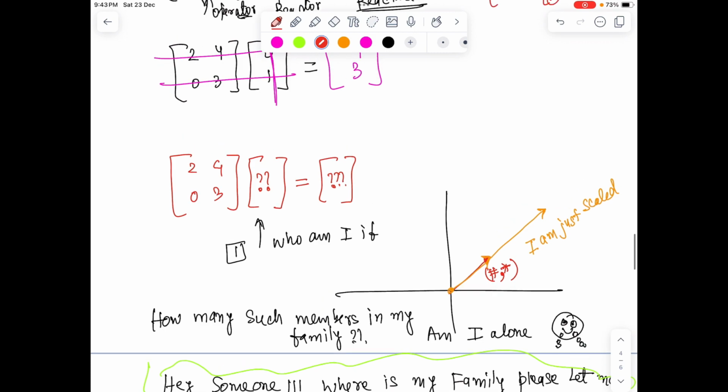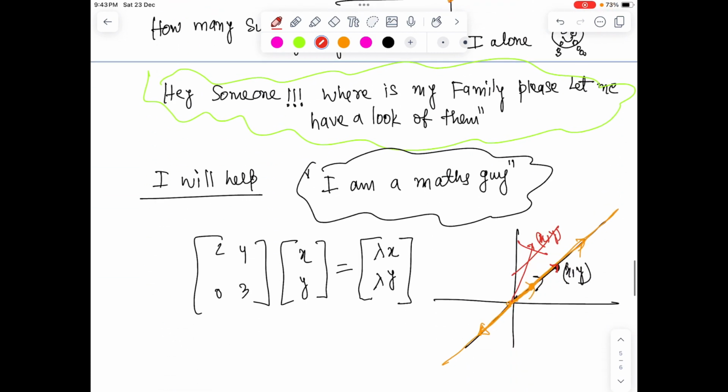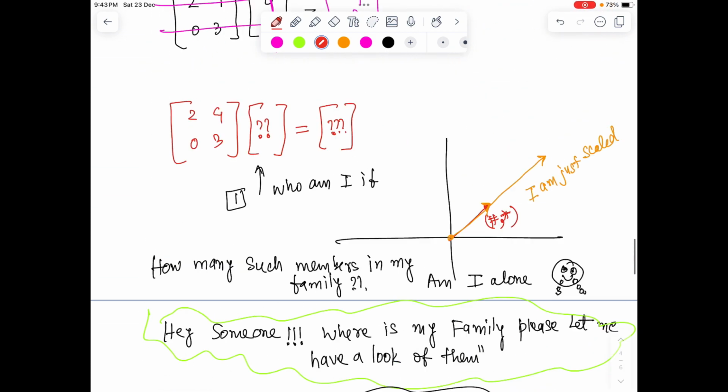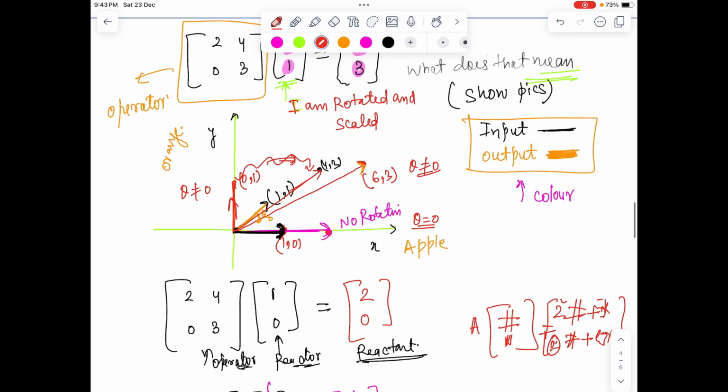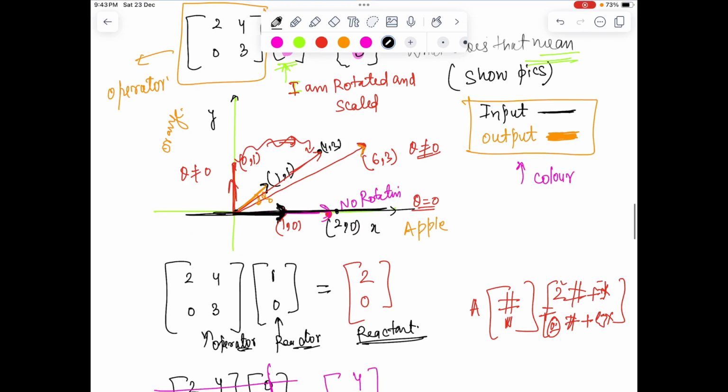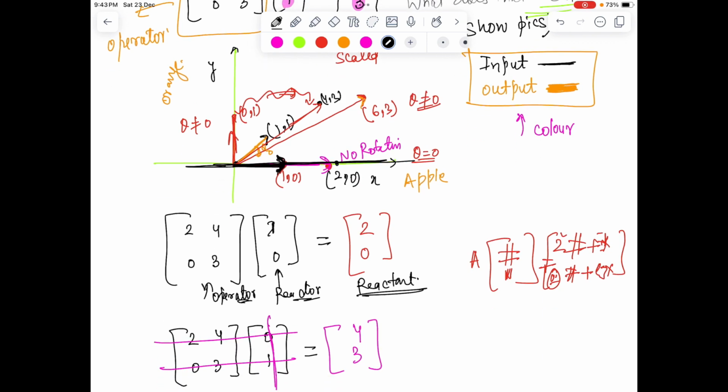So how many crazy pairs of xy exist? One such example we have already looked at is 1 comma 0. So are there infinitely many? You can soon realize that once you know the answer 1 comma 0, any other answer along this line of action will also work. Let's say I take the point 2 comma 0. Instead of multiplying with 1 comma 0, I would have multiplied with 2 comma 0.